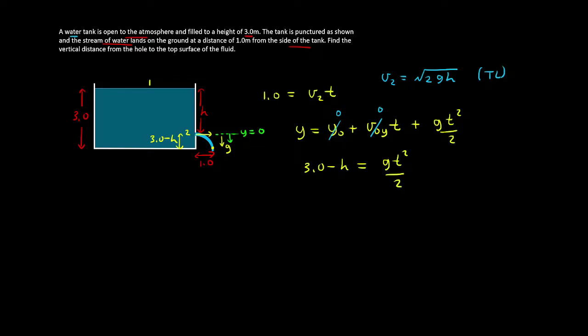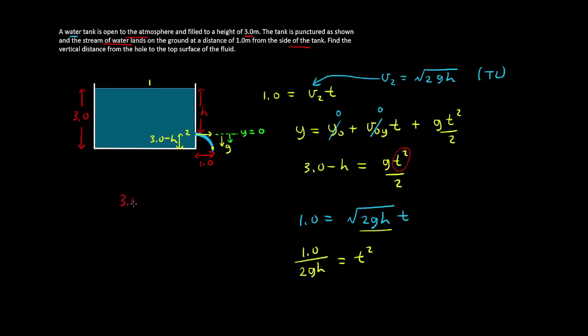And now if we substitute for the speed into here, well, what we get is 1.0 is equal to root 2gh by t. And if we square both sides of the equation and divide through by this term, what we get is 1.0 over 2gh is equal to t squared. And now we can substitute for t squared into this equation.